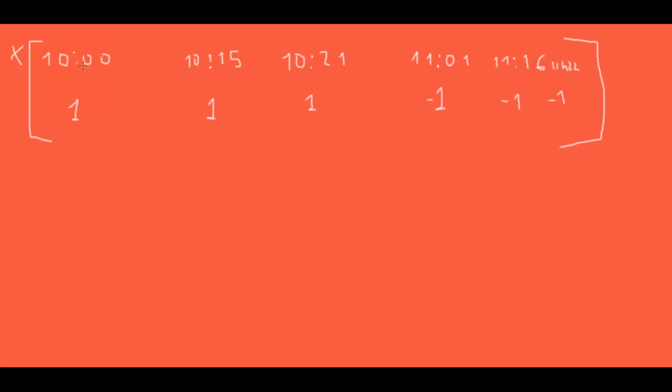So the next step would be 10:01, we put another one, 10:02, 10:03, 10:04, 10:10, 10:11, 10:12, so until 10:15 we always have one entry only.